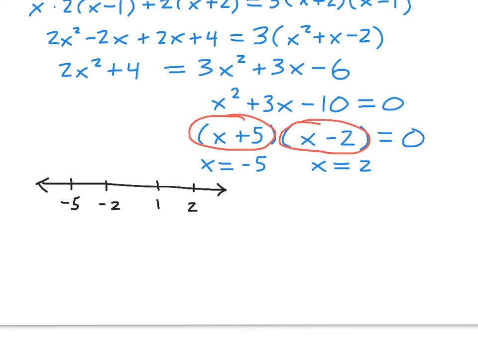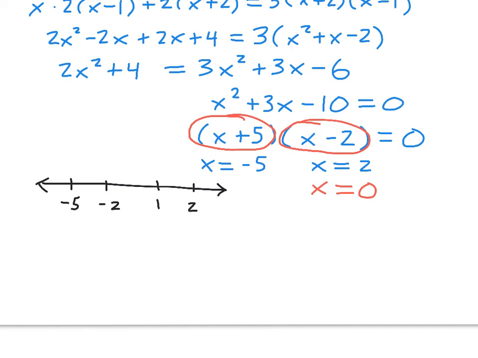So what jumps out at me is that x equals 0. Looks like something easy to plug in, and keep in mind you're not allowed to plug in any of the numbers on your number line. So don't plug in -5, -2, 1, or positive 2. So x equals 0 will work because 0 is not one of the numbers on our number line.